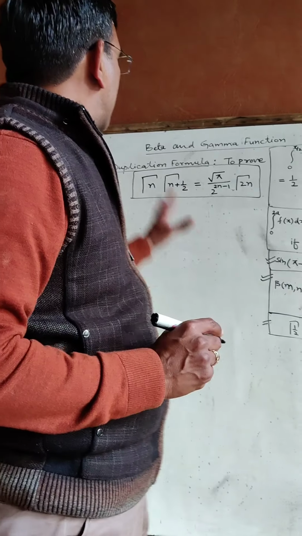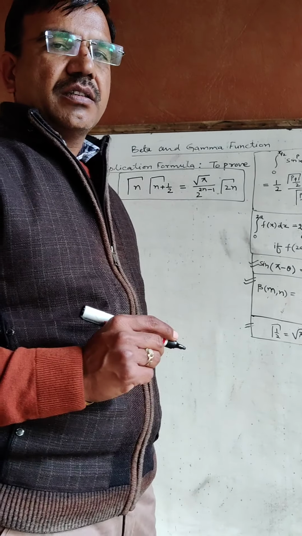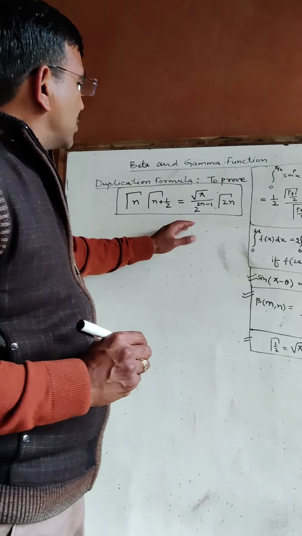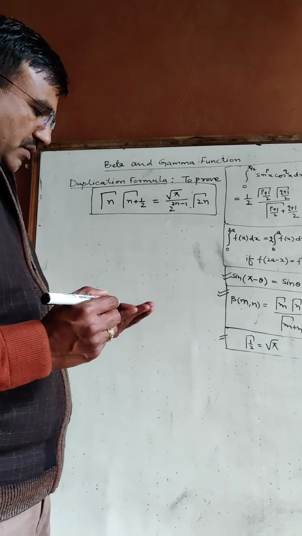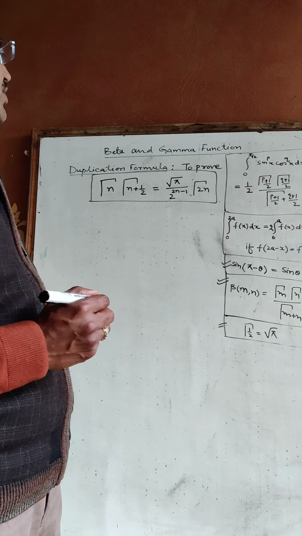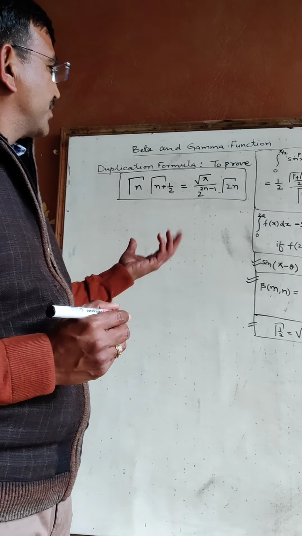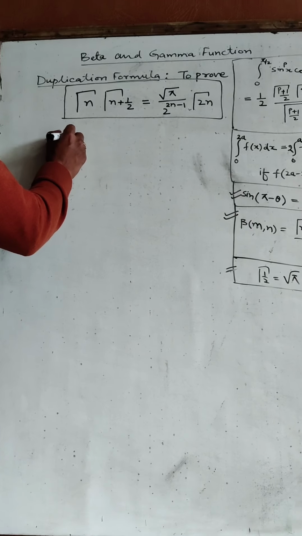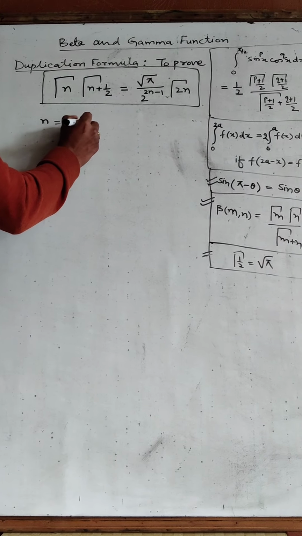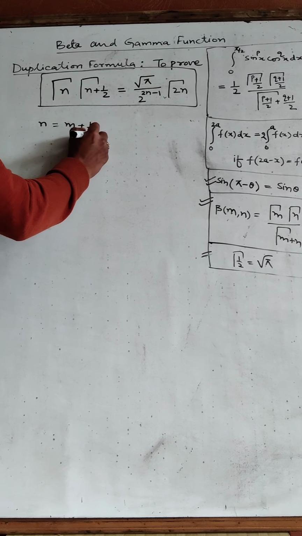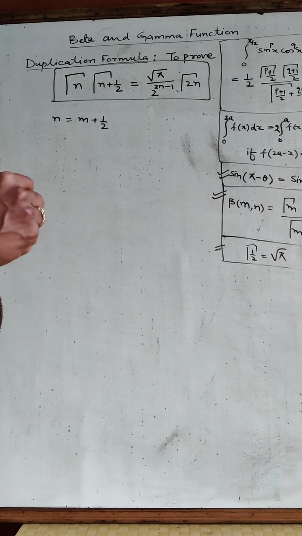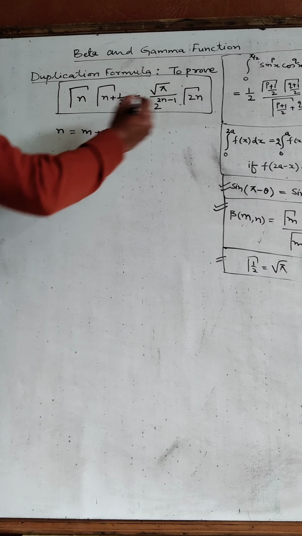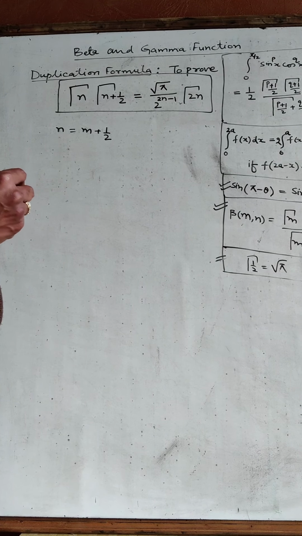So students, after proving the duplication formula, there is also a second form of this duplication formula that you will find in your exam. If we replace n by m plus 1 by 2, what will be the second form of this duplication formula?